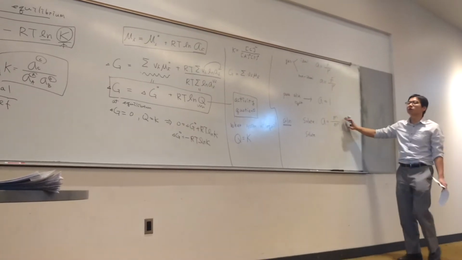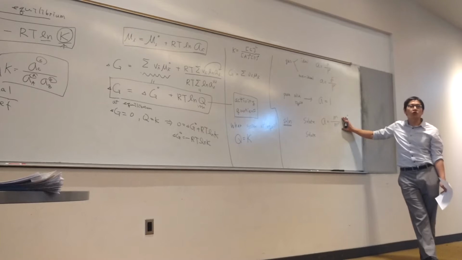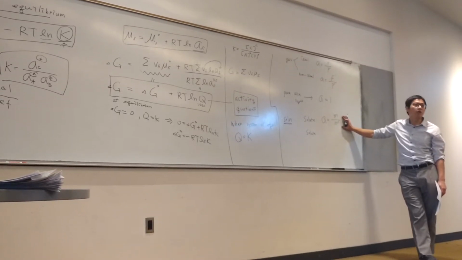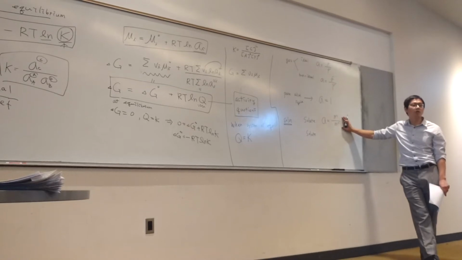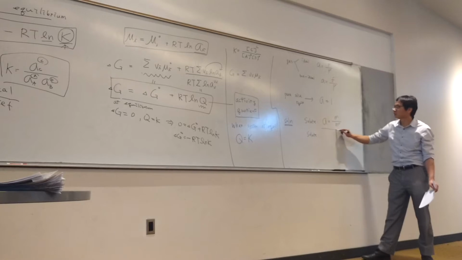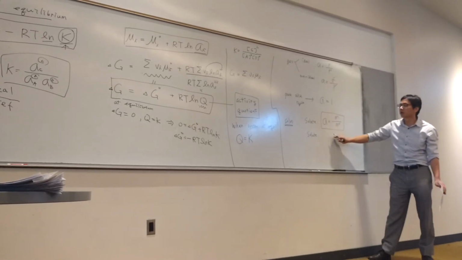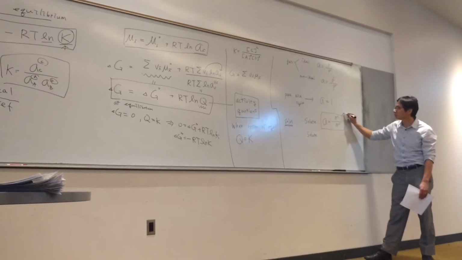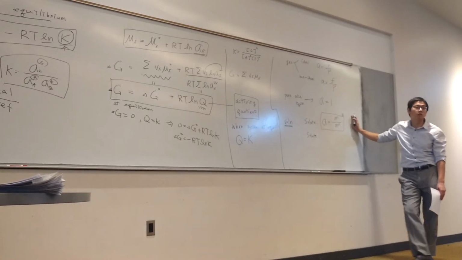You will see in all the questions you encounter in your homework and your final, it will always tell you the concentration of your solute is how many molal. That means you can calculate your activity using this equation. This is a very important equation for all of you.